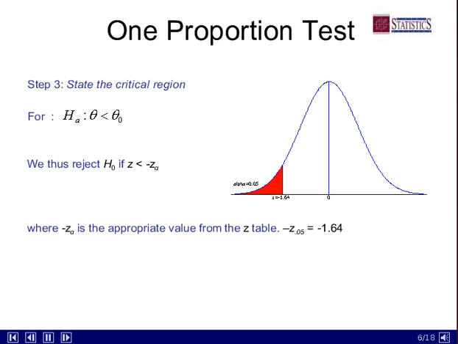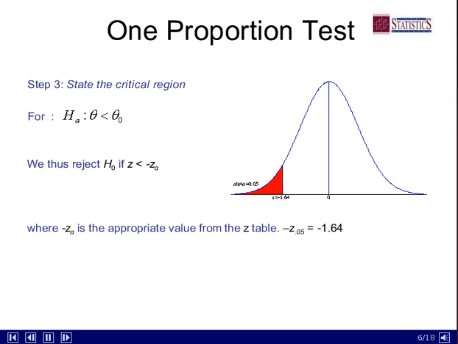So what's the critical region? Well, for our particular example, we are looking at a less than case. So we're going to reject if z is less than minus z sub alpha, because we are using this normal approximation, so we're going to talk about a z statistic. No different than doing a less than t, where we would have t less than negative t alpha, except we'd have degrees of freedom.